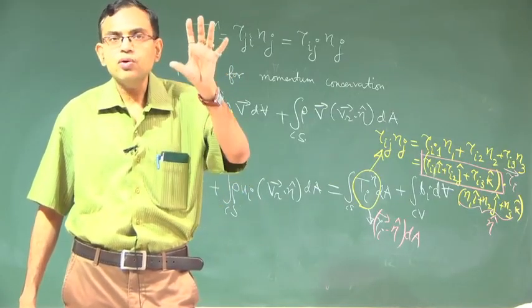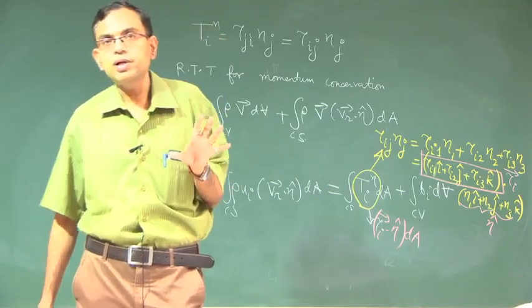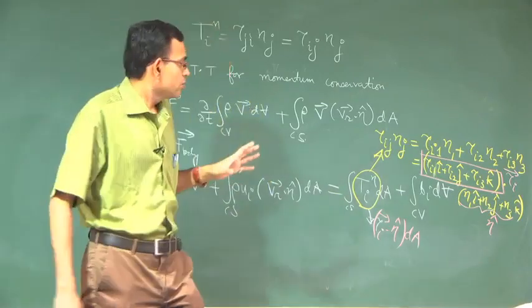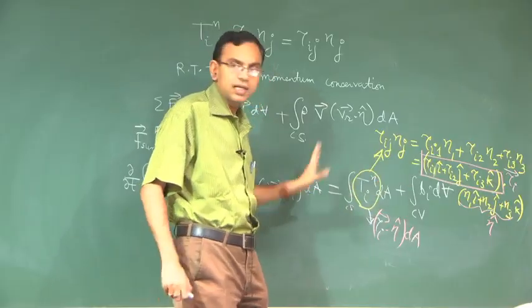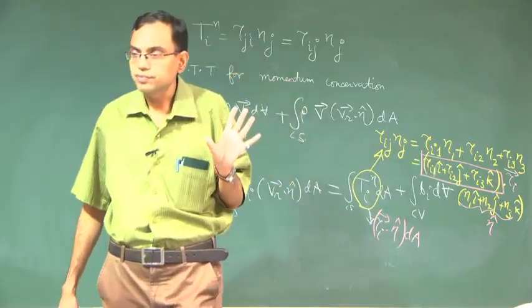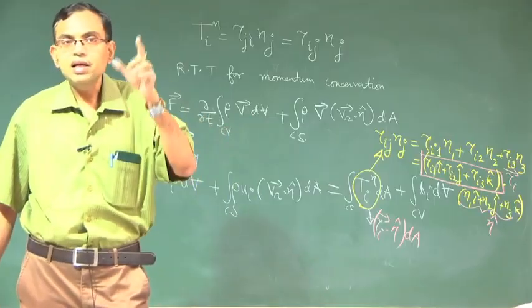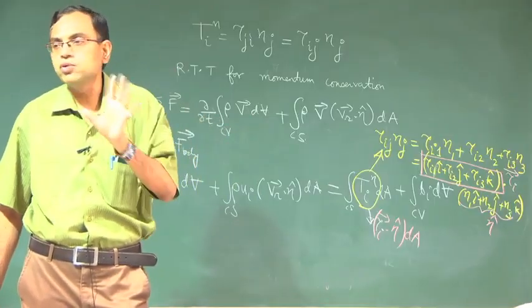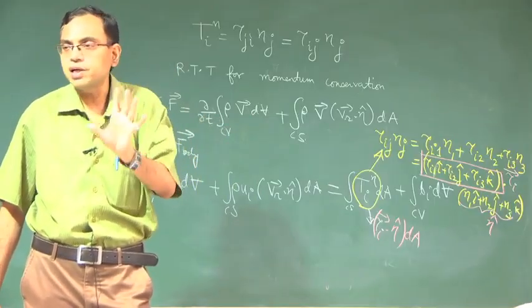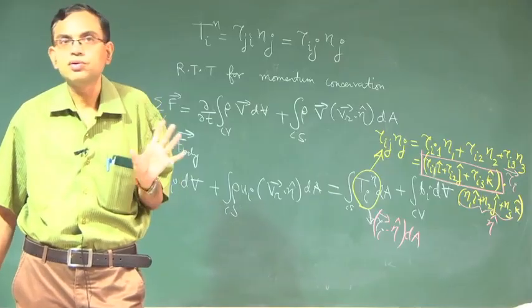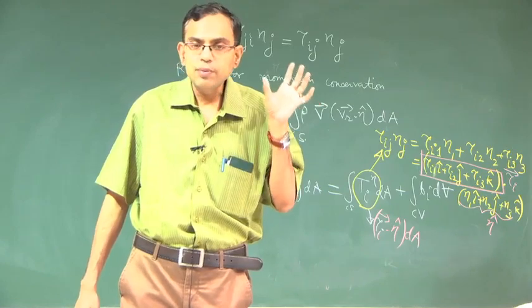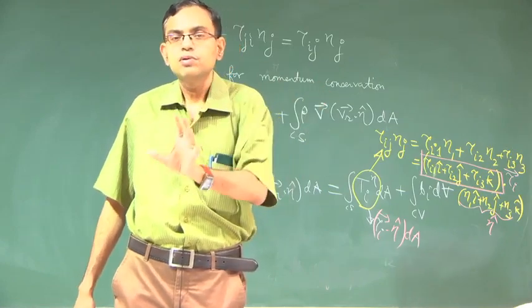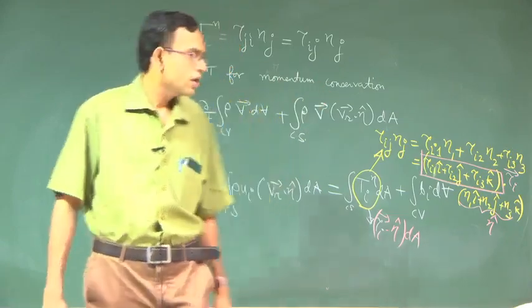So we will convert all the integrals into a volume integral, so that integral of something dV equal to 0, because the volume is arbitrary, that means that something equals 0, which will make an integral form into a differential form.